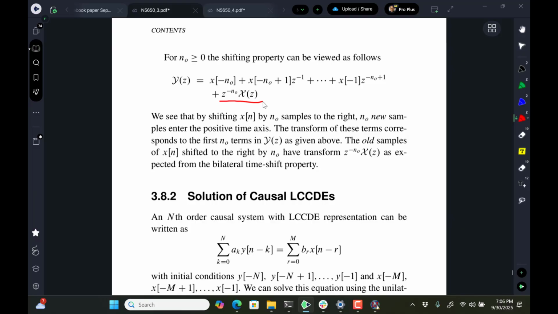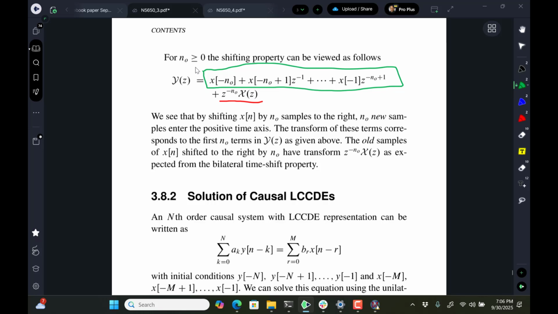But then, because you're moving things into the view of the Z transform, the terms that were on the left-hand side will move in to the right-hand side, sort of as initial conditions, and that's exactly what we want to happen. So that's the major difference.